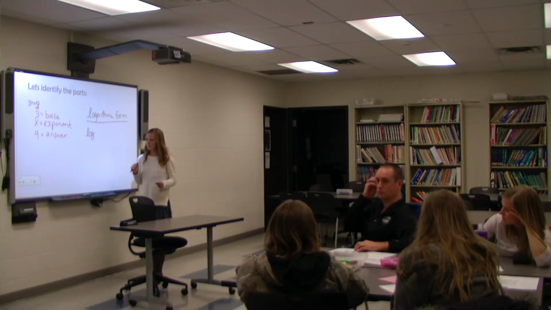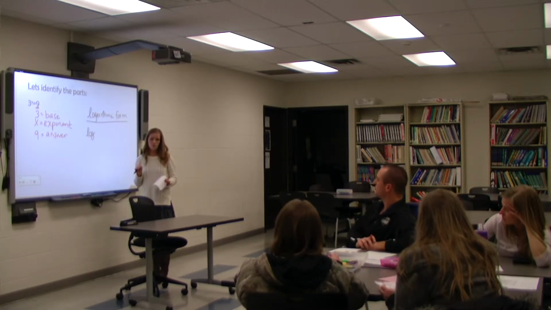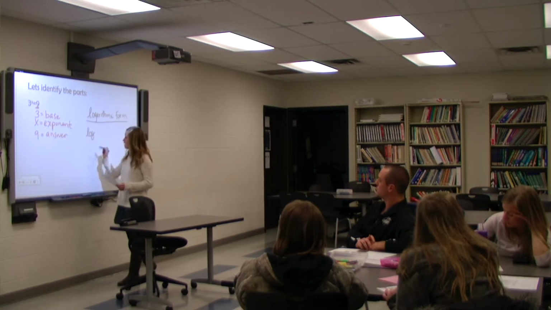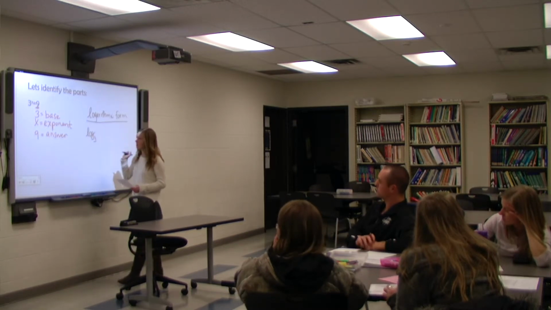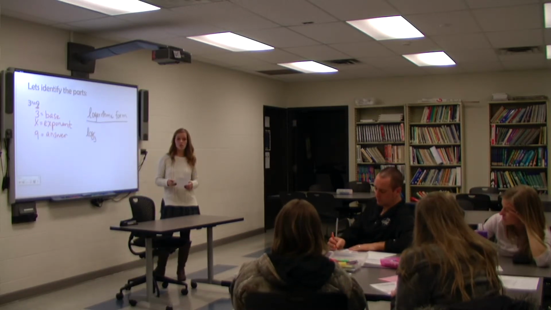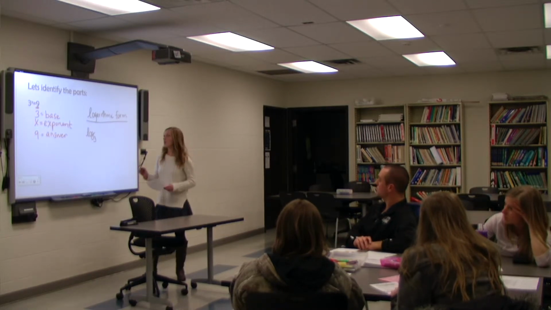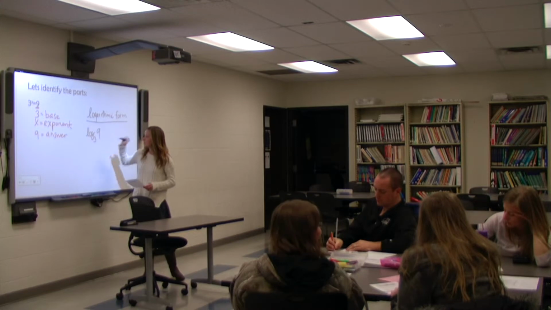So then what's our next component going to be? Just the word base. Good. So what is our base that we identified over here? 3. Good. So we have a 3 down here, and then following along, what's next? 9. Answer, which is 9. Thank you. And then, what is that going to equal?